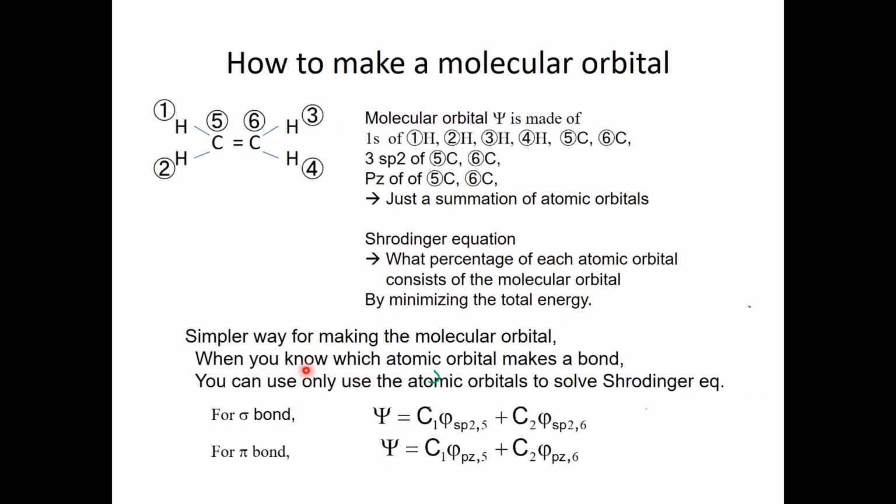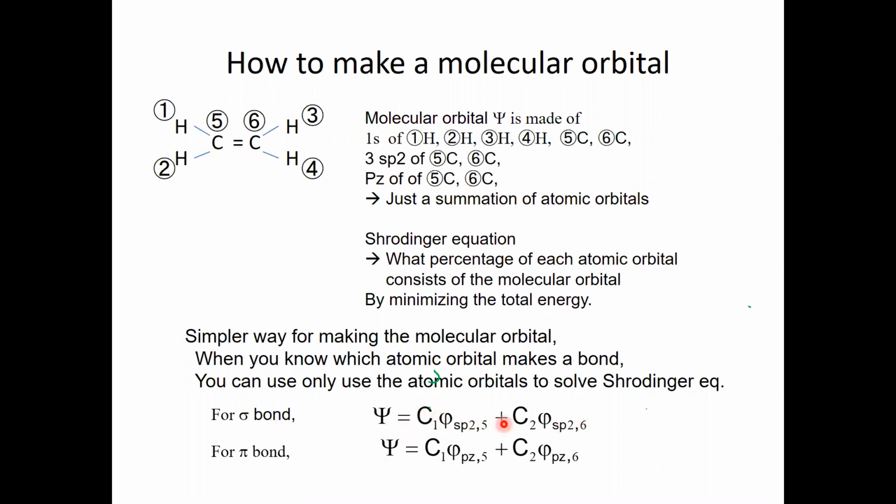For example, if you know which atomic orbitals make a bond, say the fifth carbon and sixth carbon make a sigma bond using the sp2 orbitals, for the sigma bond you can think about the wave function. The molecular orbital is made of the sp2 orbital of the fifth carbon and the sp2 orbital of the sixth carbon.